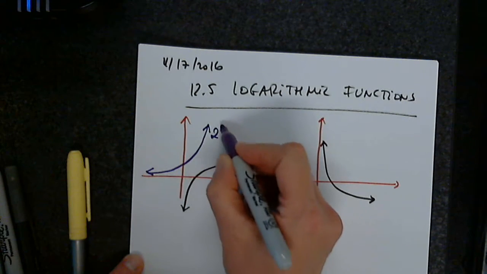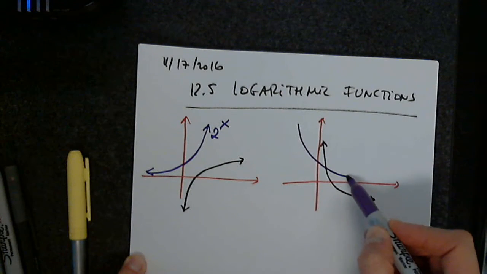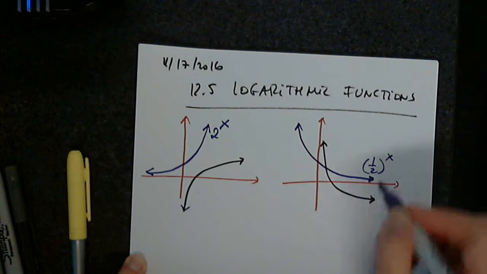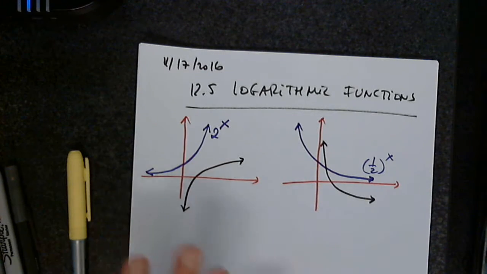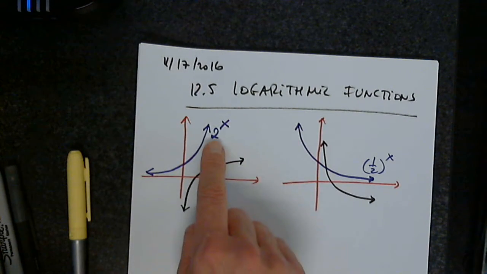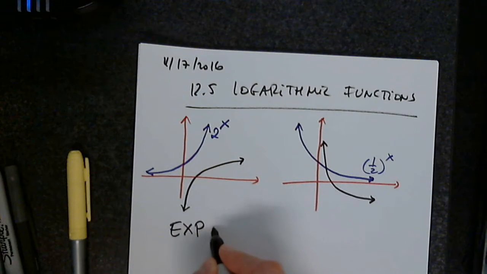So this was 2 to the x, and this was 1/2 to the x. If you look at these two graphs, the purple graph, I'm not sure whether you see purple. So this is purple. 2 to the x and 1/2 to the x, which we call the exponential.